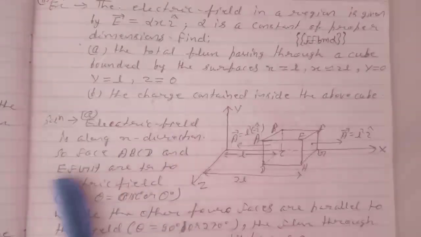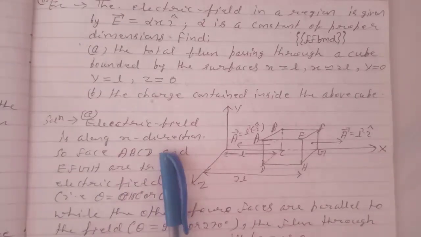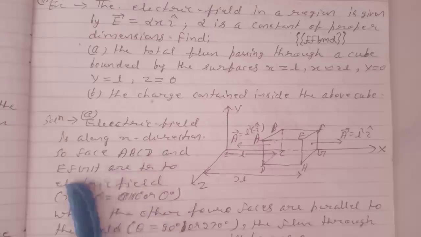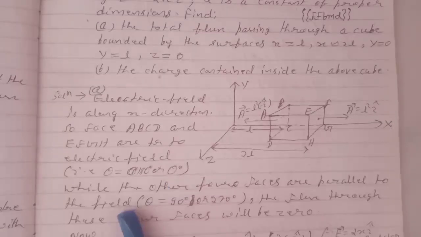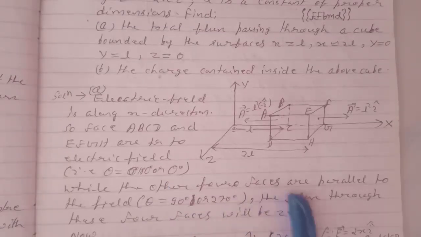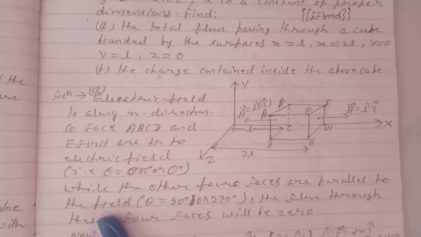Here electric field is along x direction. So faces ABCD and EFGH are perpendicular to the electric field, that is theta equal to 180 or 0 degree, while the other 4 faces are parallel to the field, theta equal to 90 degree or 270 degree.